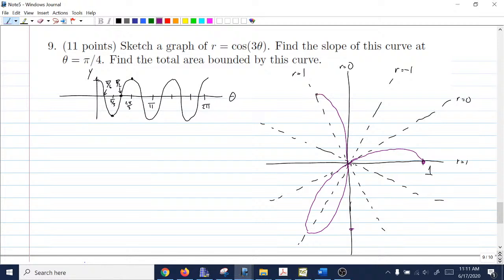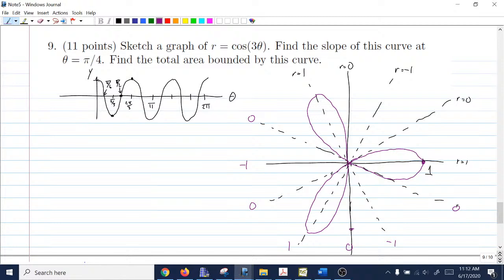Okay, here's one curve, and then do that again. 0, 1, 0, -1. Okay, we've looped back on ourselves. 0, -1, 0, 1, 0, -1, 0, 1 again.